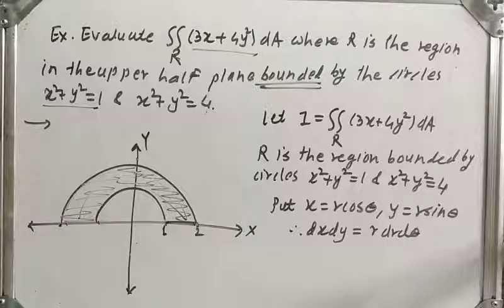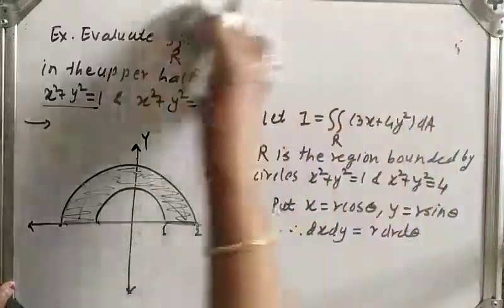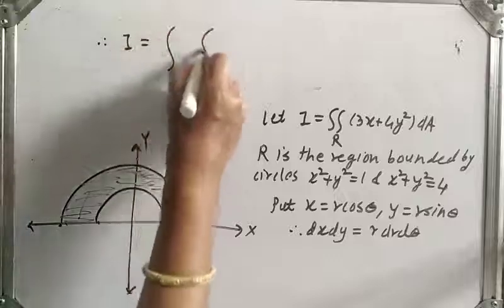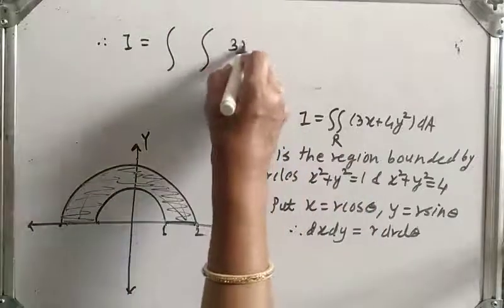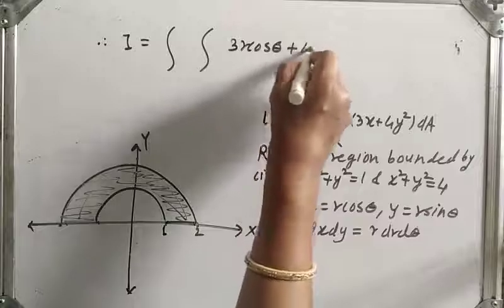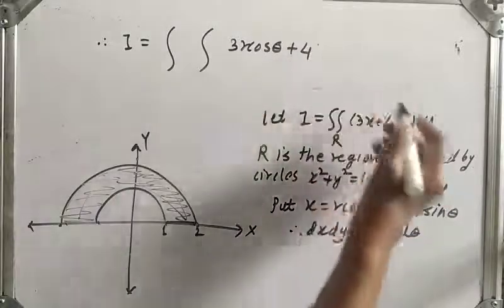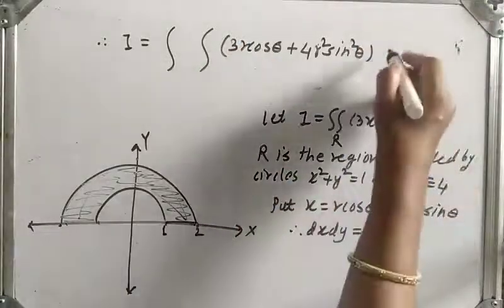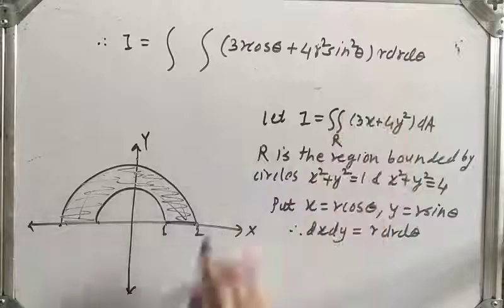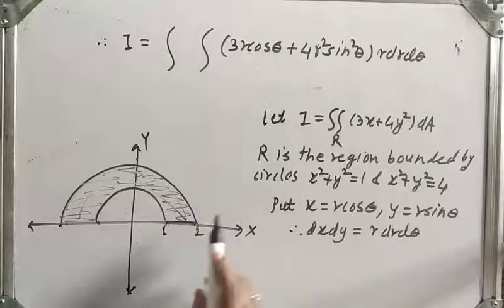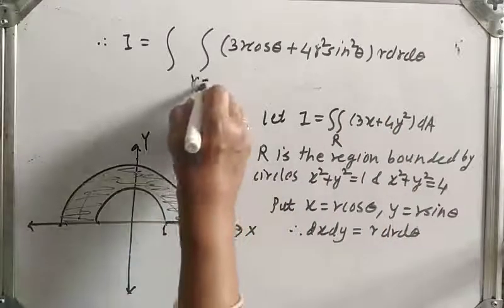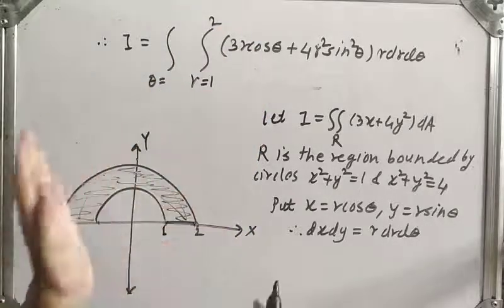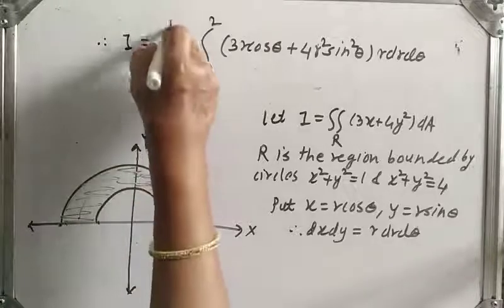So I is equal to the double integral of (3 times r cos theta plus 4 times r sin theta) square, that is r square sin square theta, times dA, meaning r dr d theta. Here r varies from 1 to 2 and theta varies from 0 to pi.